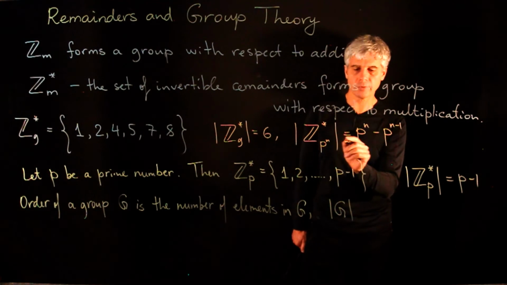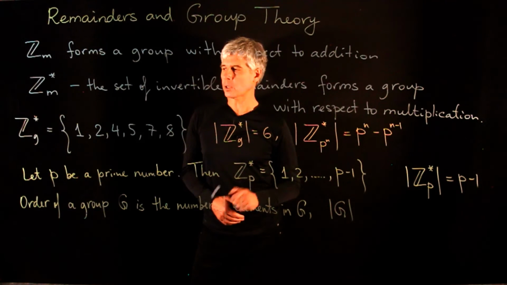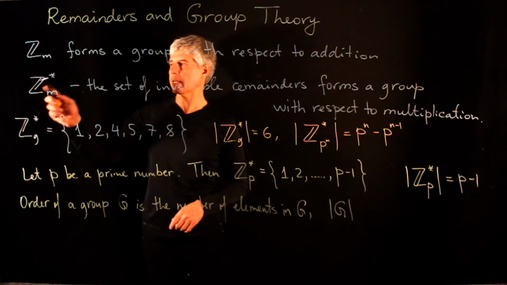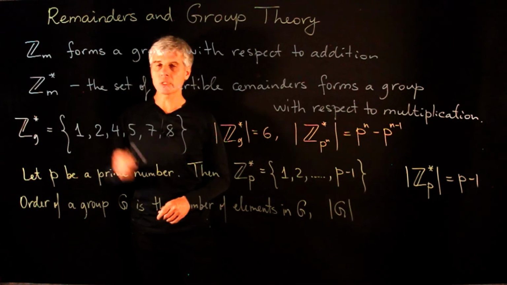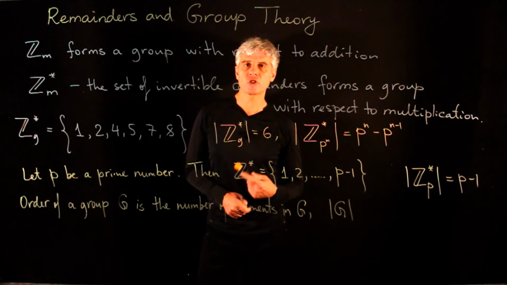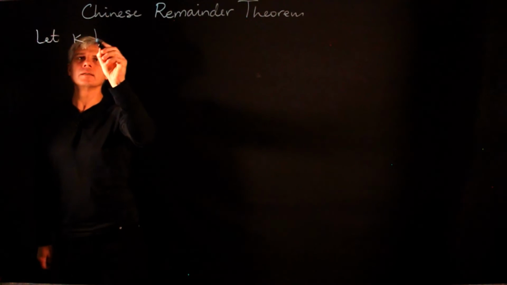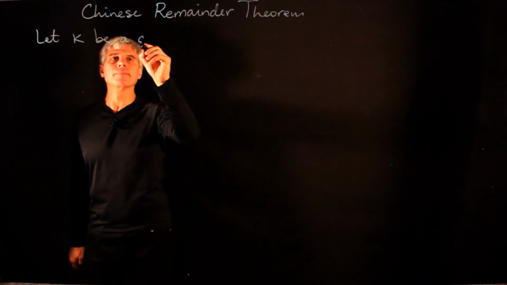And so the order of this group is given by this formula. How can we find the order of the multiplicative group Zm if m is not a power of a prime? So the answer here is given by the Chinese remainder theorem. Let k be a divisor of m.